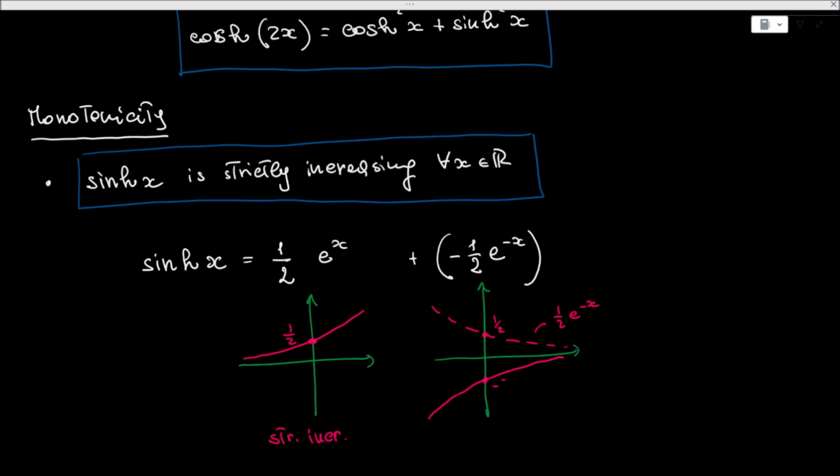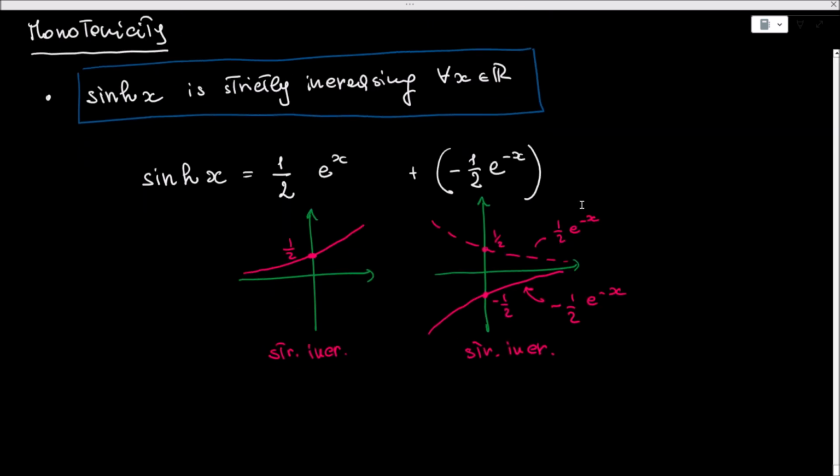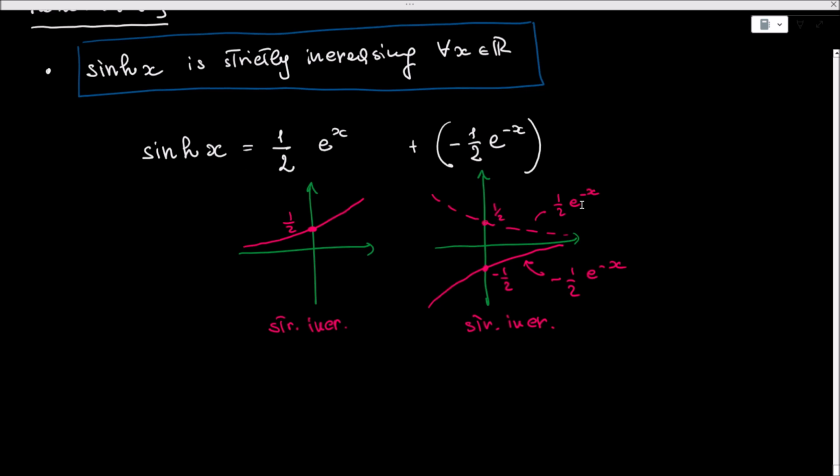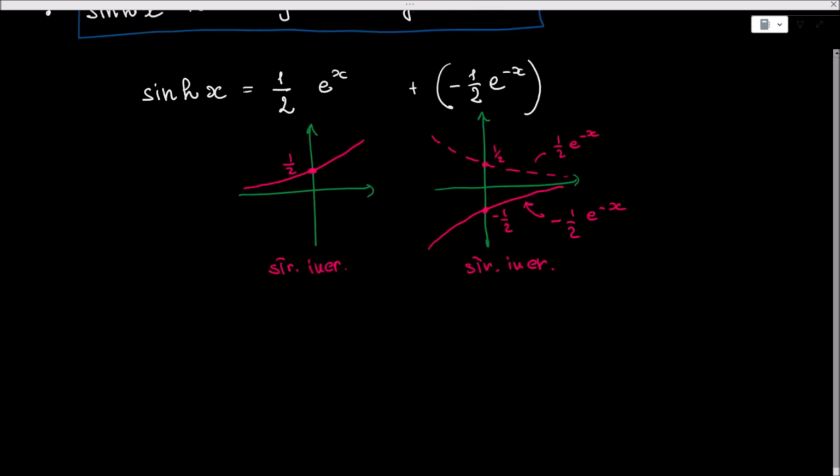And of course this is minus 1/2, and this would be minus 1/2 e to the minus x, which is another strictly increasing function. So we have now proved that the hyperbolic sine of x must be a strictly increasing function.